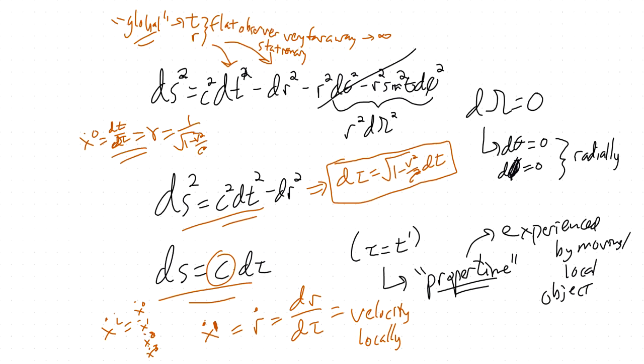What's x1 dot? That's r dot, which is dr d tau, which is the local velocity. And x2 dot would be d theta d tau, which would be how much theta is changing over a local time. And x3 dot would mean d phi d tau. So when you see these, that's what they mean.